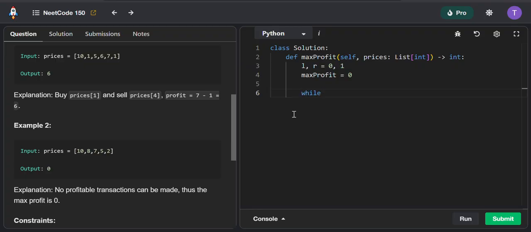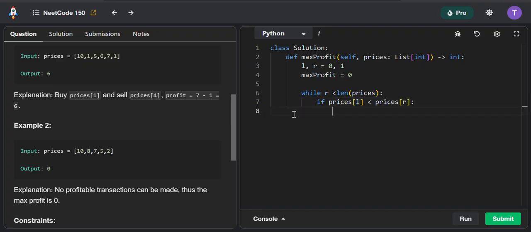Now we're going to loop while the right index is smaller than the length of our array. We want to check: is the price at the left index smaller than the price at the right index?